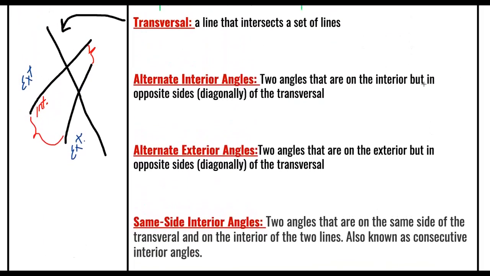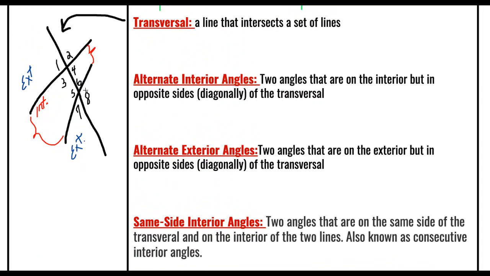Okay, so let's go over these new four pairs of angles. We need to number the angles. So you can see there's an angle created here, one here, one there, another angle here, this one here, and here, and here, and here.